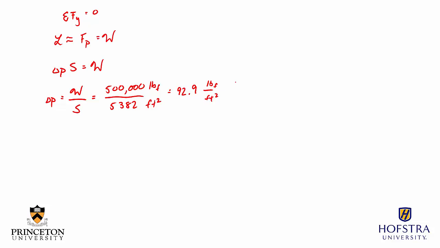The problem asks for the solution in pounds per square inch, so I multiply by the conversion, since in 1 foot there are 12 inches. I square that, which cancels foot squared with foot squared. This gives me 92.9 divided by 144, which is equal to 0.645 pounds per inch squared, or PSI.